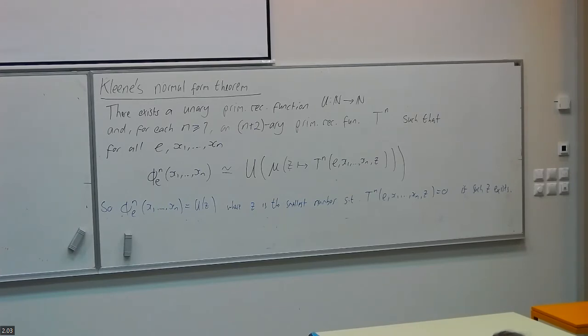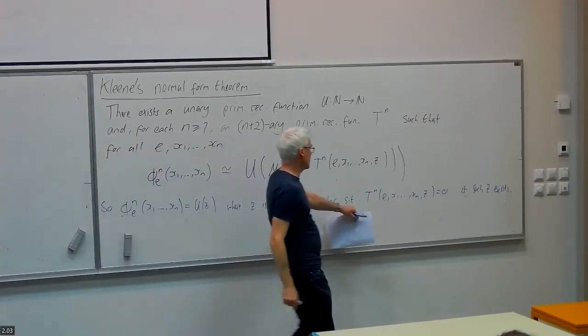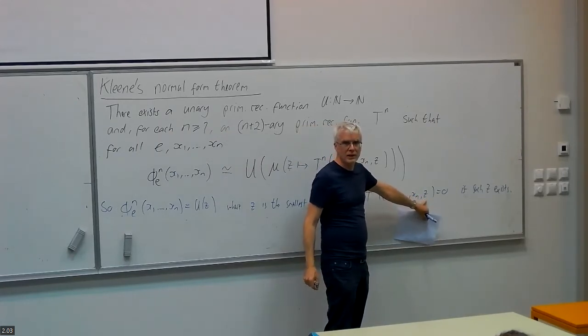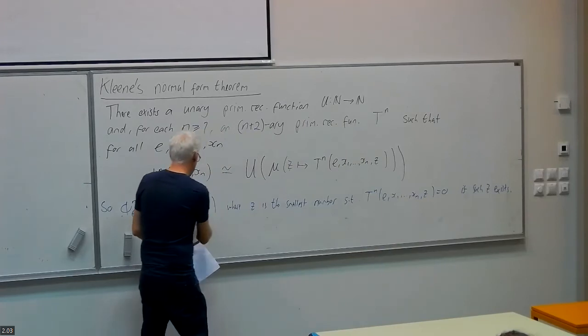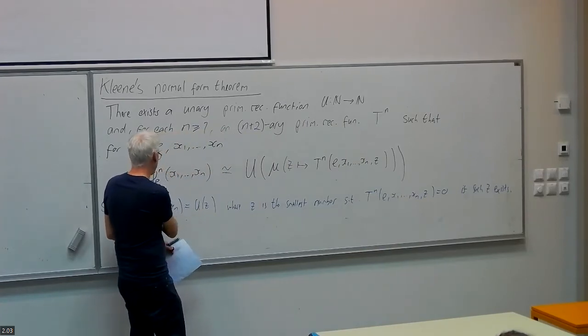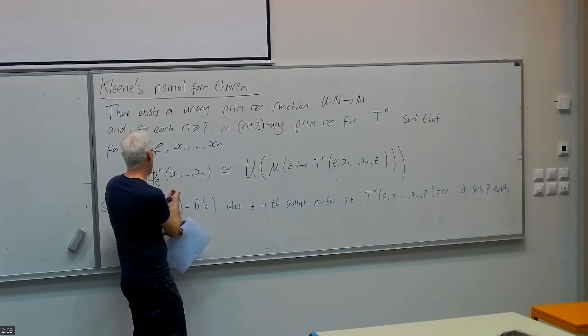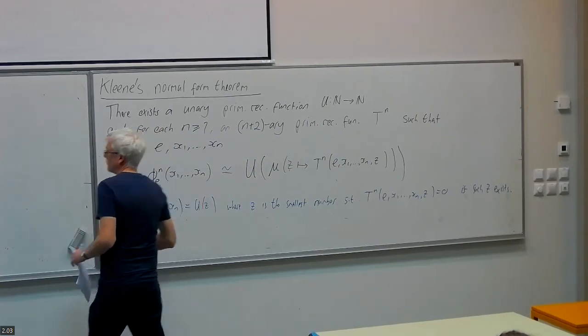The idea of this function t superscript n, so we have n plus 2 arguments, with e at the beginning and the z at the end. This is a primitive recursive function, so it's total. The idea is that we're searching for a value z such that it's 0, and if we find such a value z, then we're going to get our result of the e-indexed n-arity function.